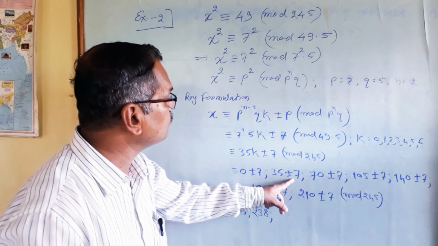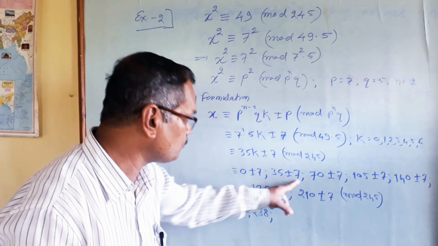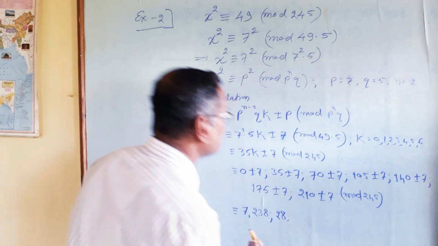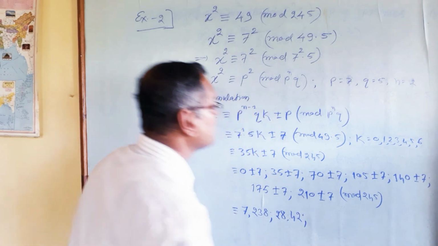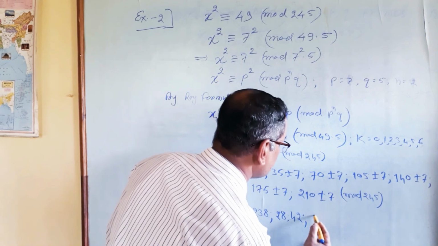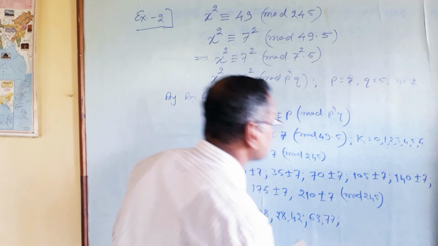Then 35 plus minus 7 means 35 minus 7 and 35 plus 7. 35 minus 7 means 28 and 35 plus 7, that is 42. Similarly here 70 plus minus 7, that means 70 minus 7 means 63 and 70 plus 7 is 77.